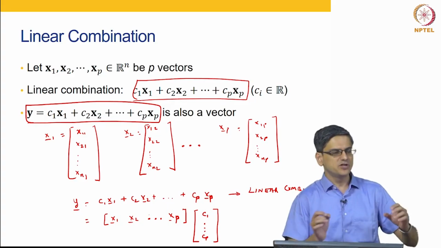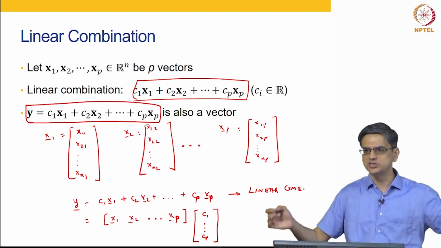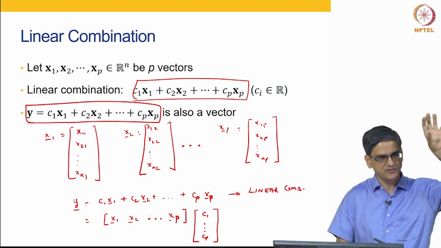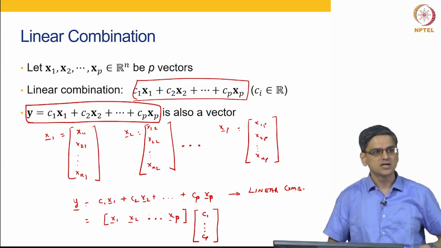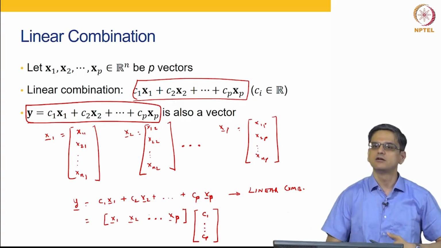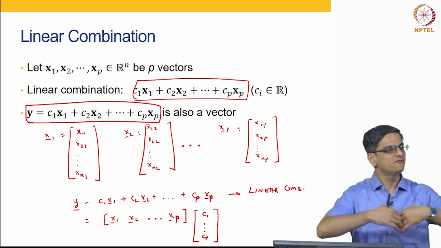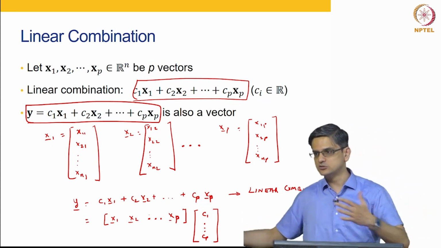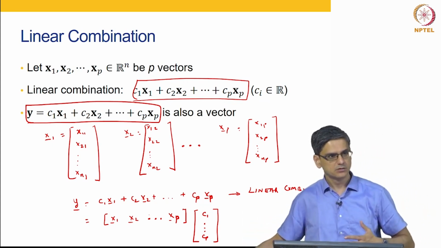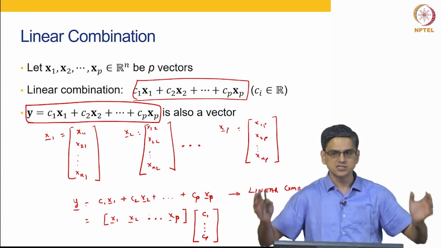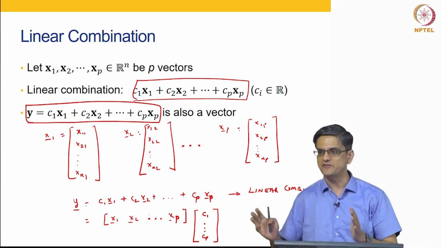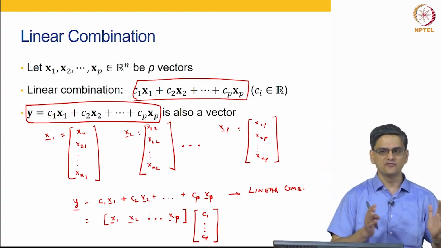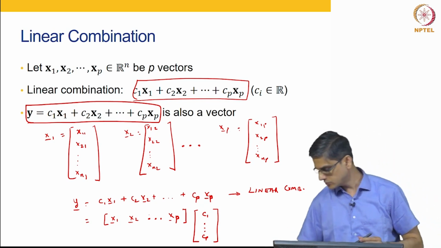If we take c1 as 1, c2 as 2, c3 as 1.5 etc., that y is one specific vector. But if we let c1, c2, c3 vary arbitrarily, that becomes a family of vectors. For all possible values of c1 to cp, the entire family of vectors will form or constitute a vector space. That vector space is called span of those p vectors.